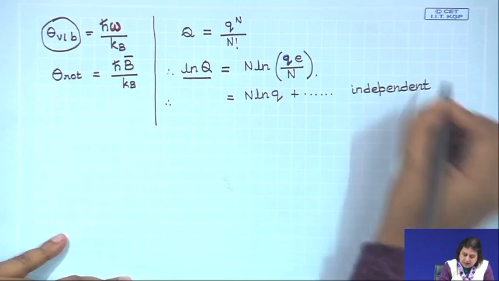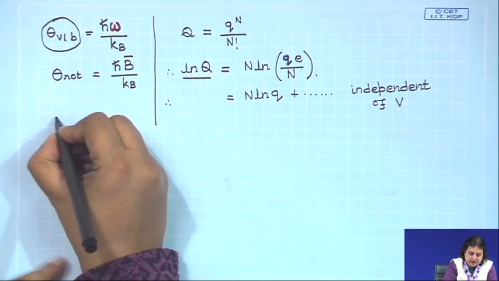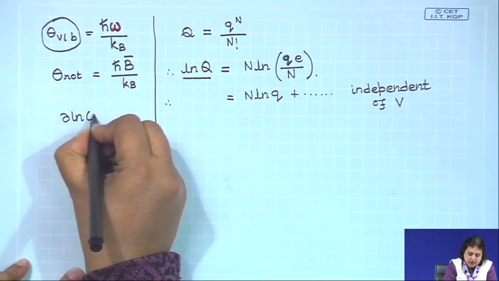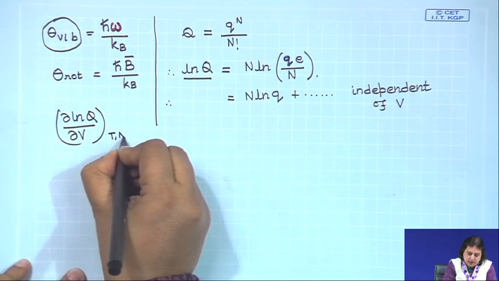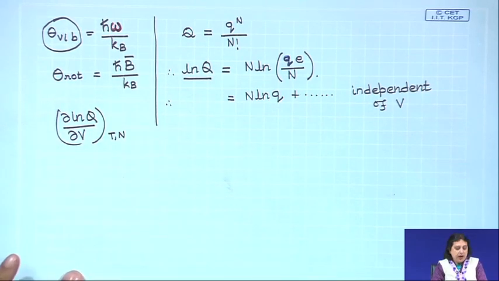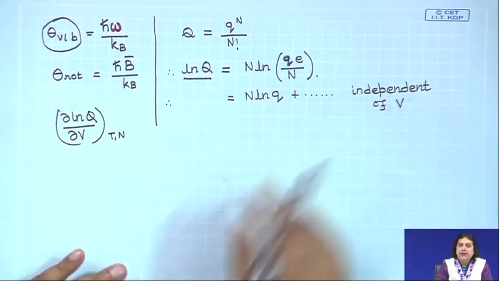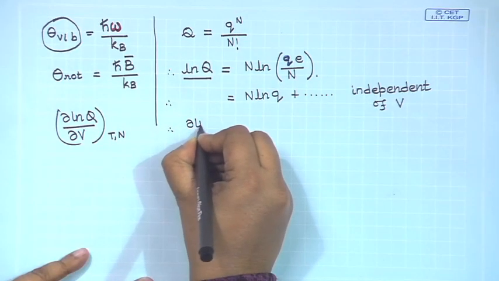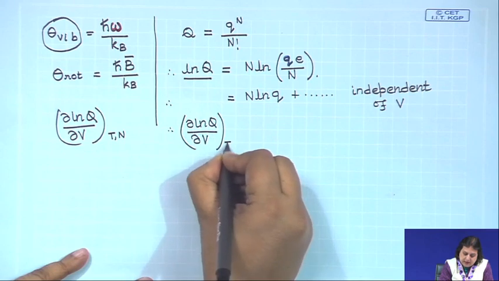Please remember that we are going to take this derivative as del ln Q del V at constant T and N. So, we are going to dump here all the terms that depend on N and T but do not depend on the volume. Now, what is del ln Q del V at constant T and N?